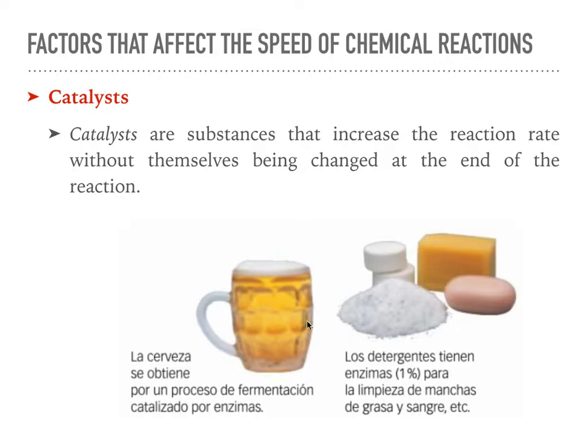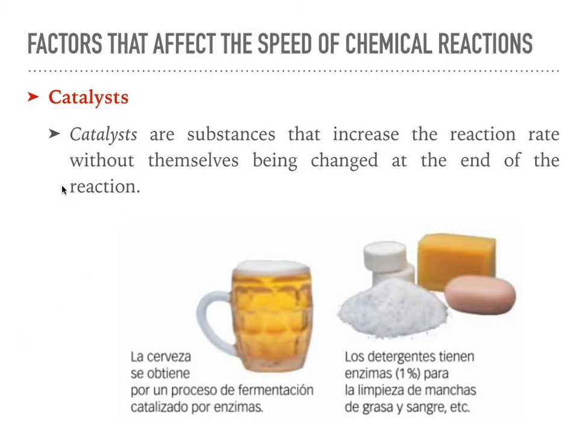And for example, enzymes, these are the main natural catalysts, and we use them to create beer, or also in soap and detergent and so on, because they speed up our reactions. And that's the meaning of it.